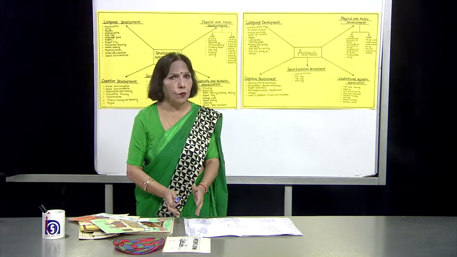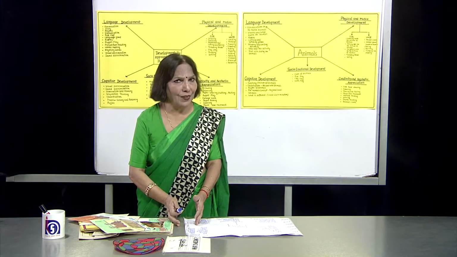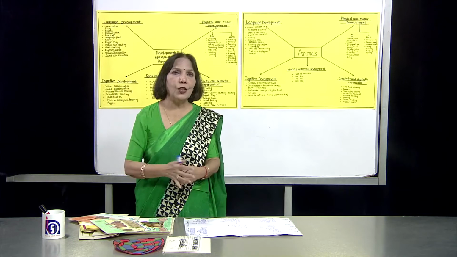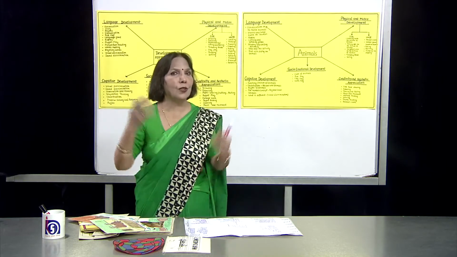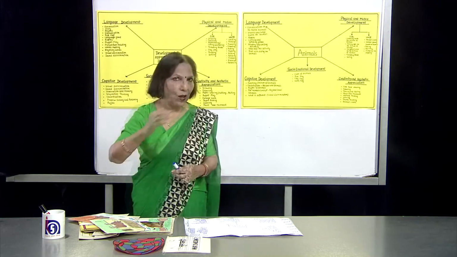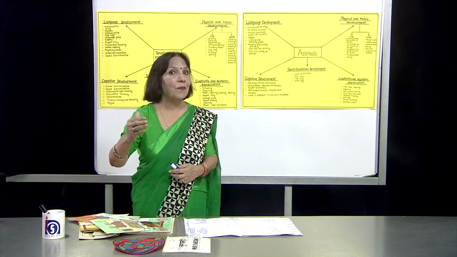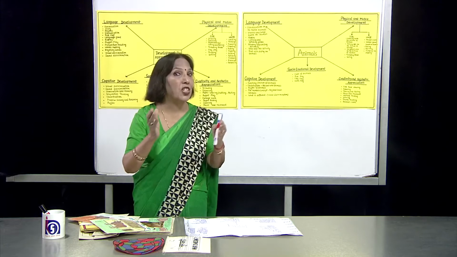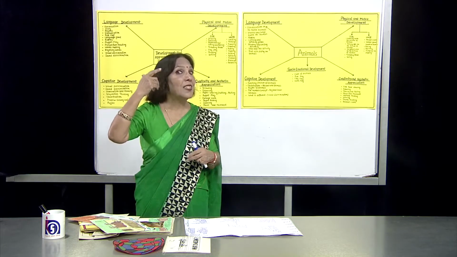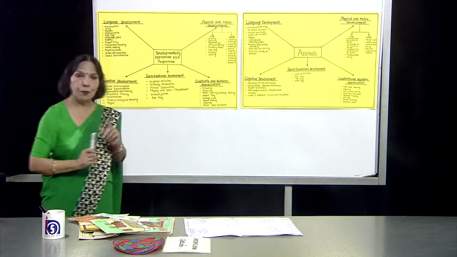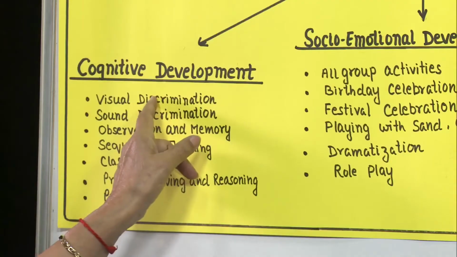You woke up early in the morning, you brushed your teeth, you took bath and you took the breakfast and you dressed up and you came here. One by one, you are describing the incidents. And this is called sequential thinking. You are thinking in sequence order. So, this is also very important for cognitive development.